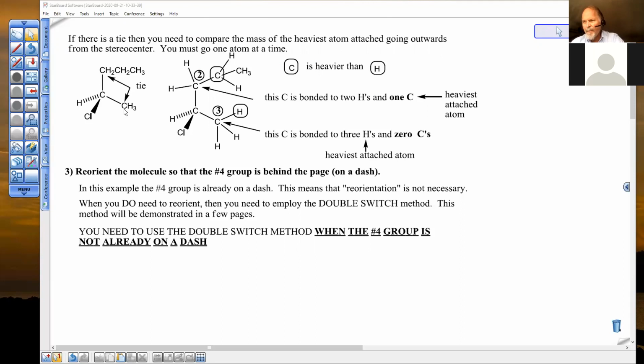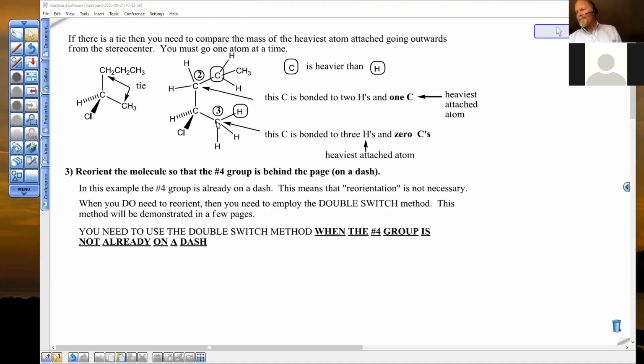Heaviest atom on this carbon moving away from the stereocenter is a hydrogen. I have circled them here. Compare these 2 atoms now. The only reason we're comparing these 2 is because there was a tie earlier on. Carbon 12.01, hydrogen 1.008. Carbon's heavier than hydrogen. That's why we have a 2 up here and a 3 here.